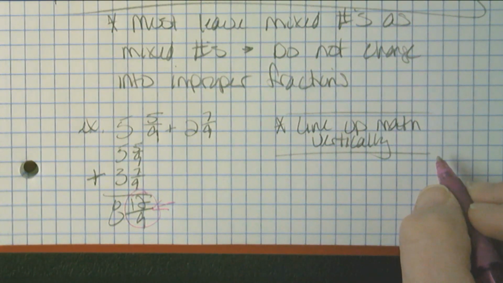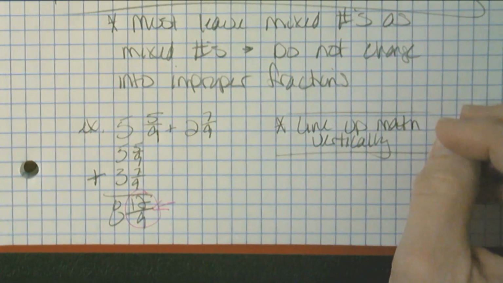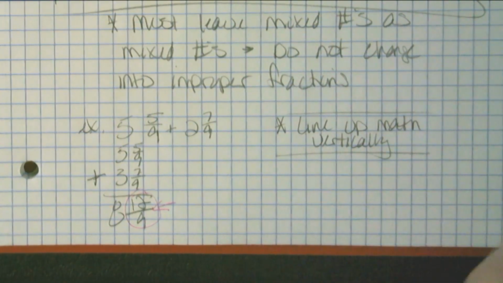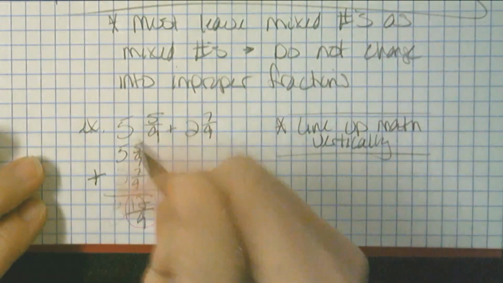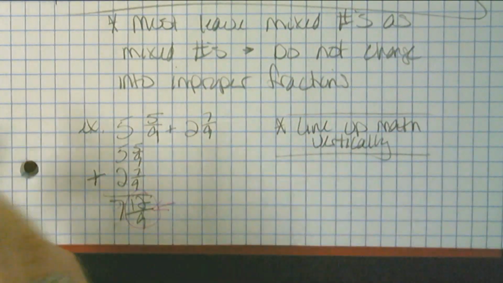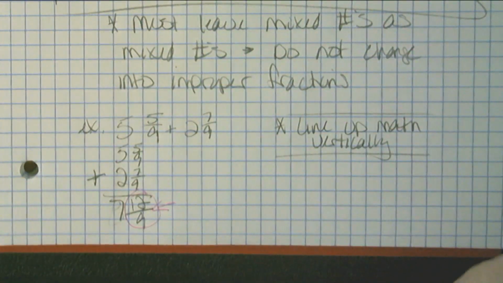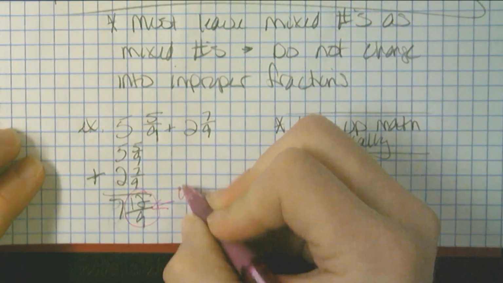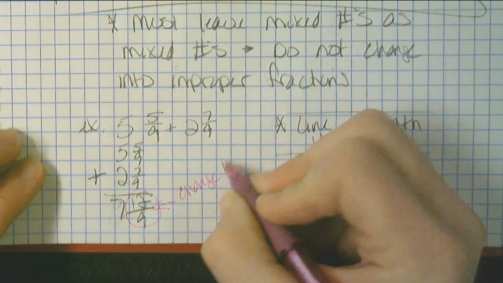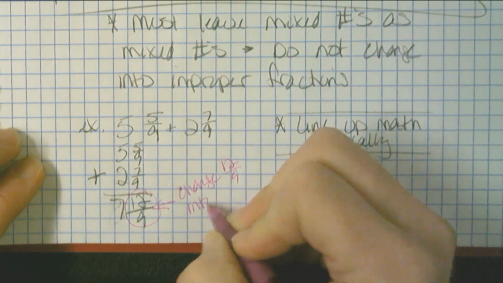AJ? Oh, this should be a 3. Thank you, Addison. That's what you were trying to say to me? Thank you. What do I have to do with my 12/9? Yeah, I need to change my 12/9 into a mixed number.